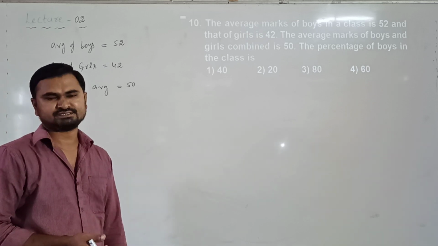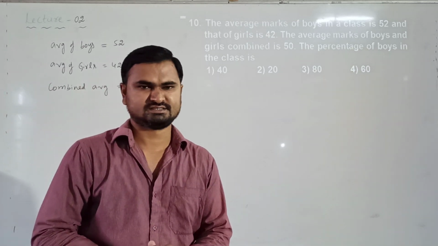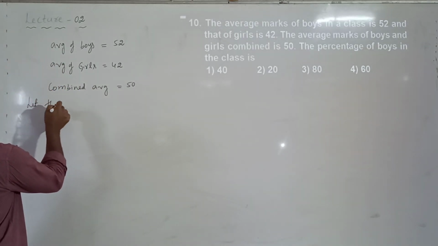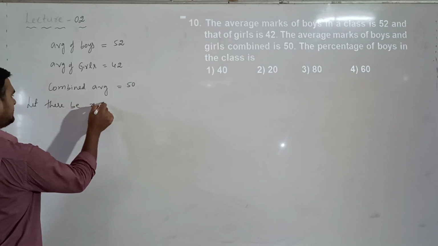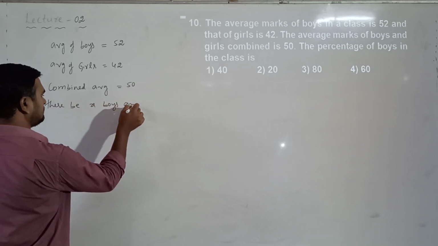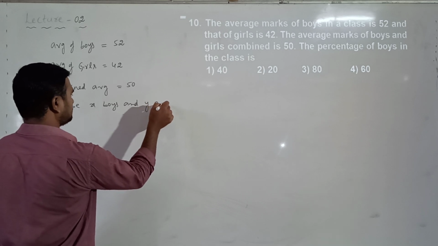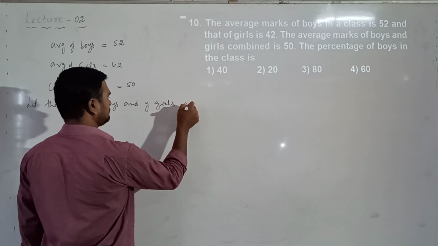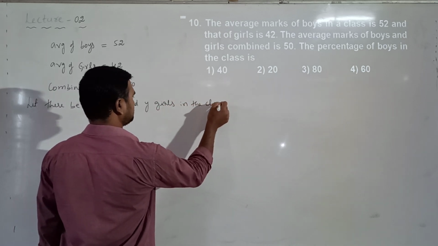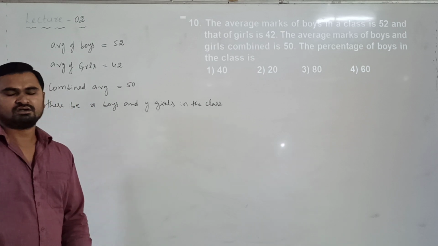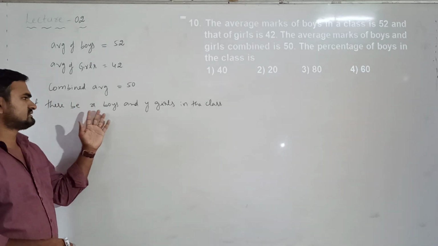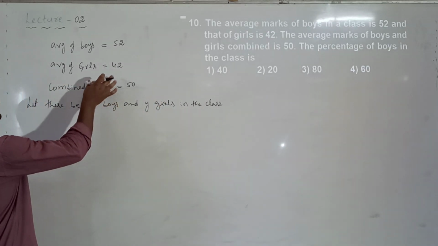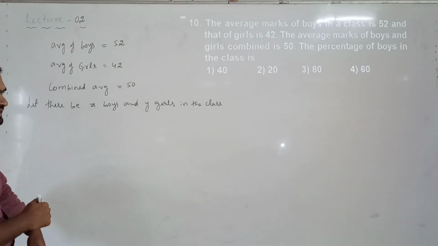We don't know how many boys and how many girls there are in the class. Let us assume that there are X boys and Y girls in the class. Now the averages are given. So what is the formula for the combined average?